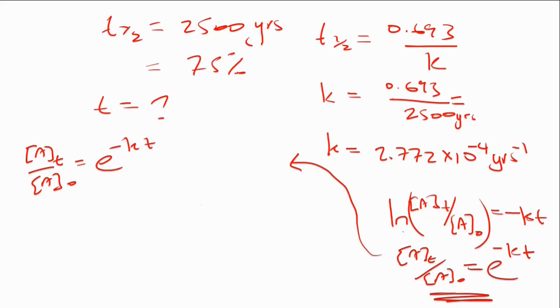That is the percentage decay of the isotope, which is the same thing as 0.75. Where did that 0.75 come from? Here it is, divided by 100, because this is a ratio. If you multiply this one by 100, then it's basically a percentage.